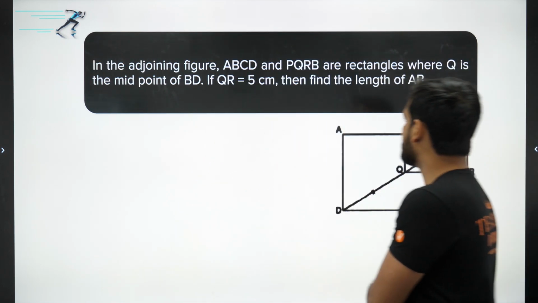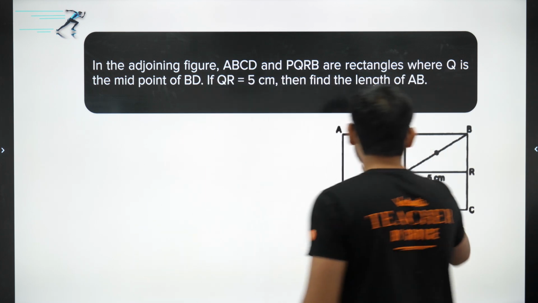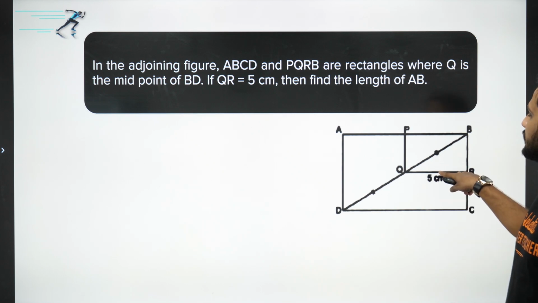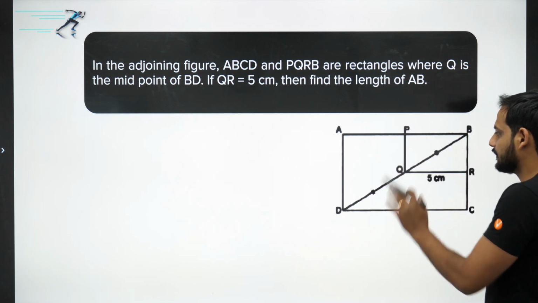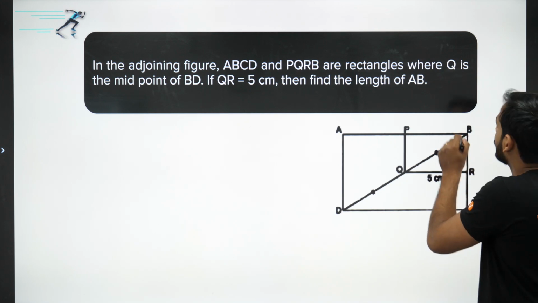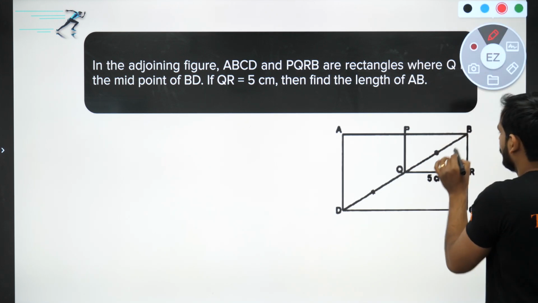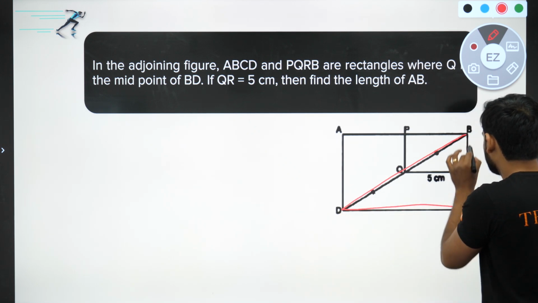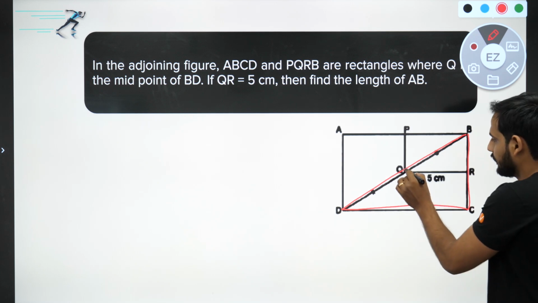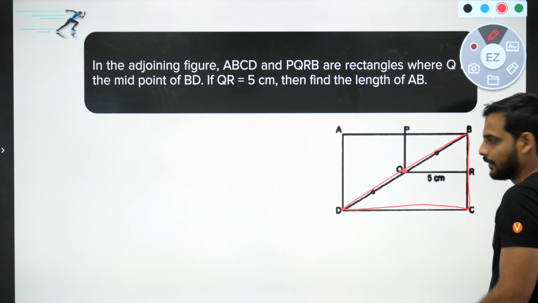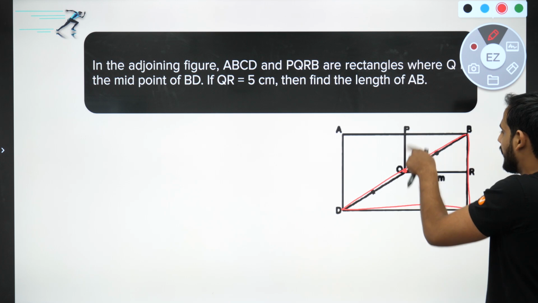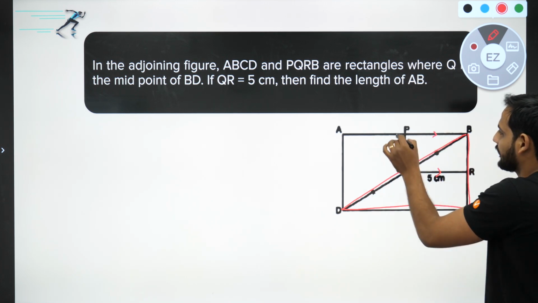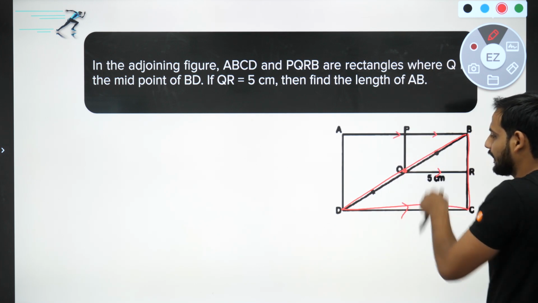In the adjoining figure, ABCD and PQRS are two rectangles, where Q is the midpoint of BD. If QR is 5 cm, find the length of AB. Now, since these two are rectangles, bachcho, if you focus on this triangle, this is one side, and since PQRS is a rectangle, this line is parallel to this, and ABCD is a rectangle, so this line is also parallel to this, so all three lines are parallel to each other.